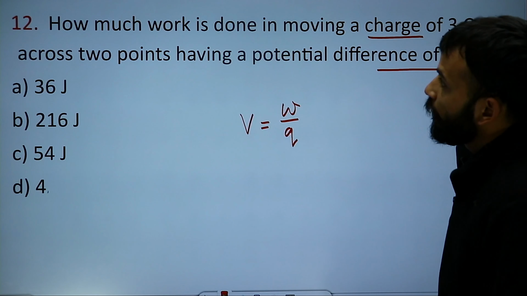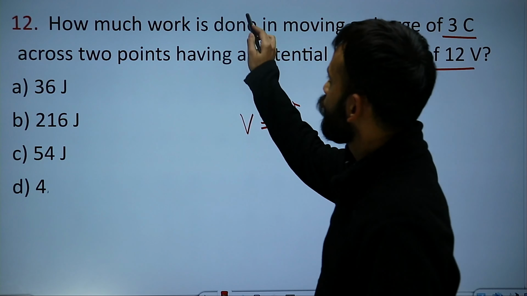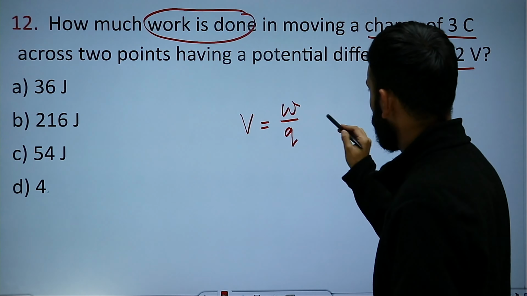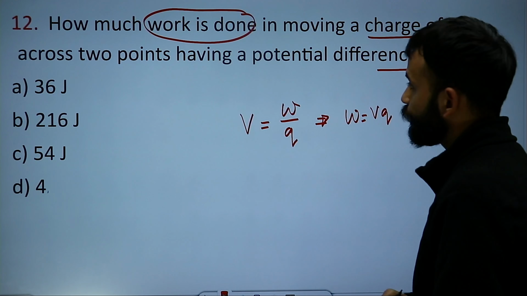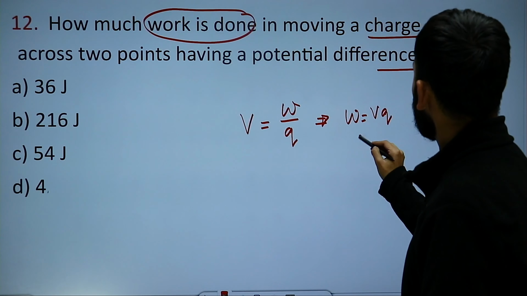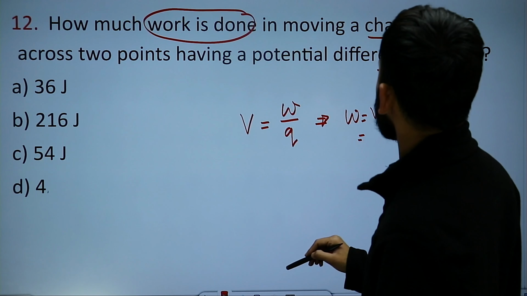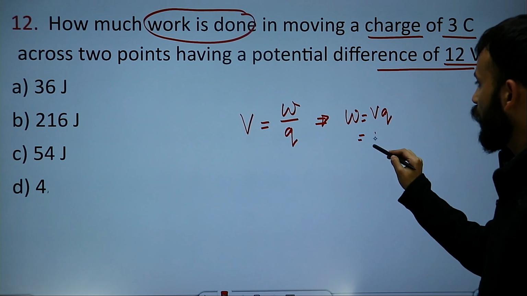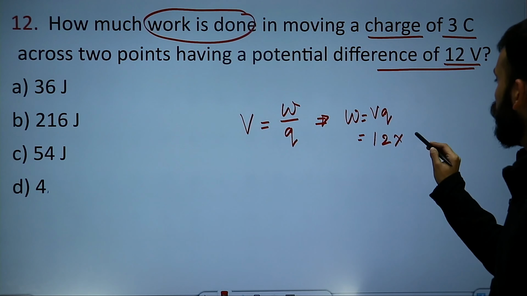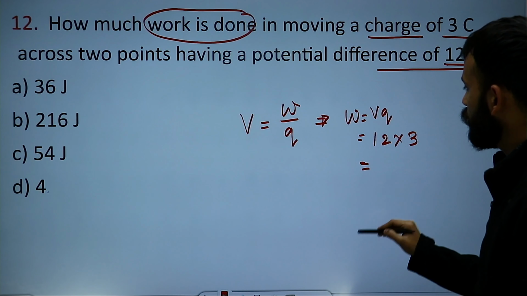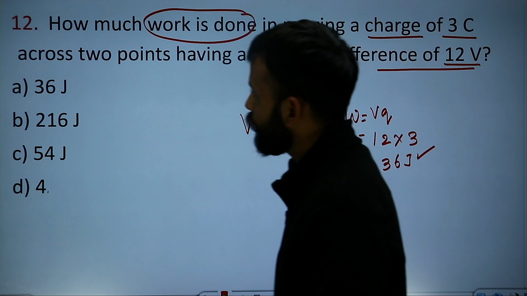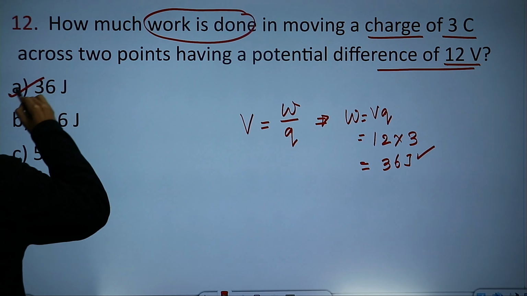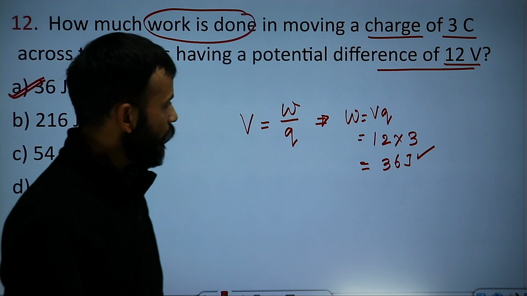So here we have to find out how much work is done. So our work can be written as potential into charge. Potential is given as 12 volt, so that would be 12 into charge, which is 3 coulomb. So work done will be 36 joule. So our first option will be the correct answer.